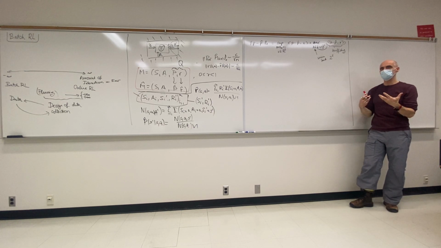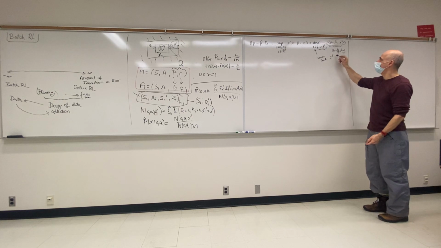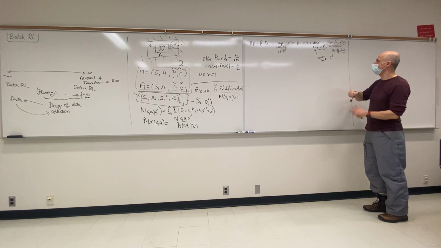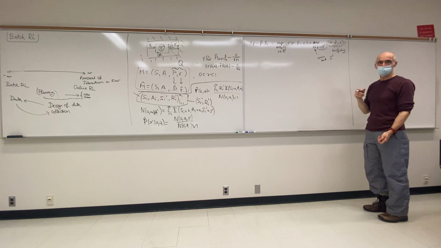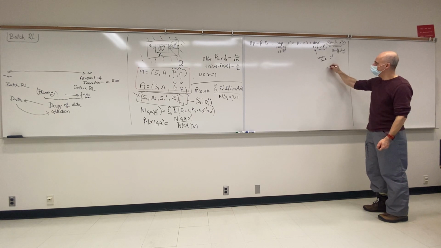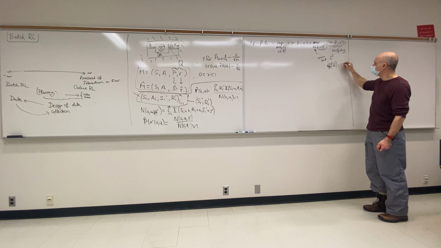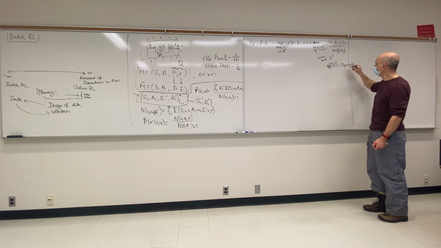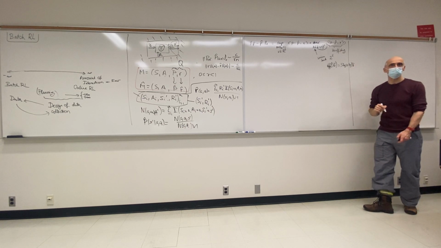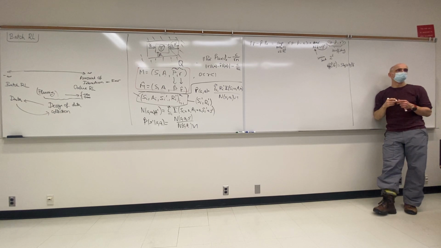You need to use a union bound to control that, and the count there is 2 to the S. So because of that, you're going to have a log 2 to the S over delta instead of a log 1 over delta. So that's like S log 2 plus log 1 over delta. So that's the origin of this factor of S.